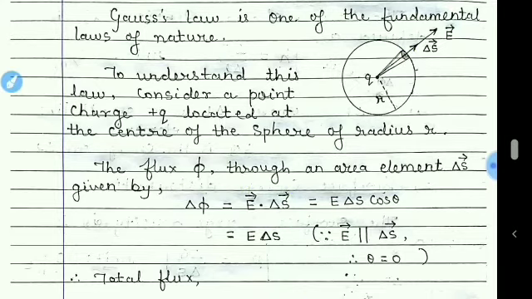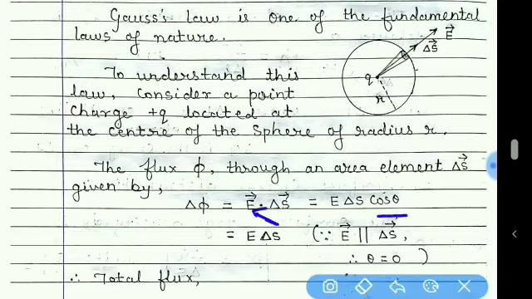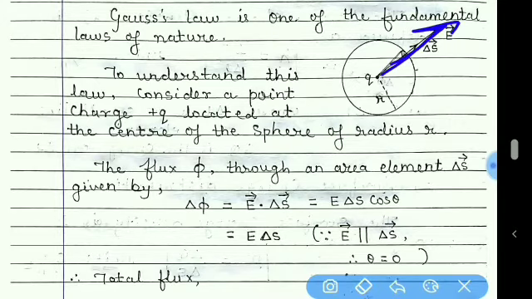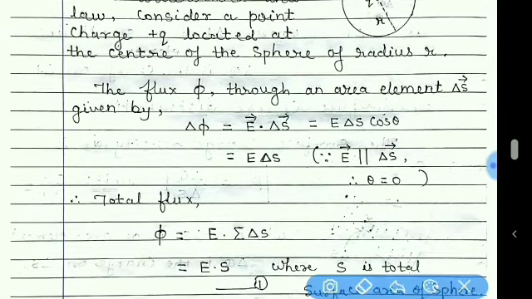Now if we remove this dot, then we know that we have to put a cos theta. So here also it is E delta S cos theta. But as I said earlier, both the area vector as well as the electric field are in the same direction, and so the angle made by these two vectors is 0, as the electric field and delta S are parallel to each other.